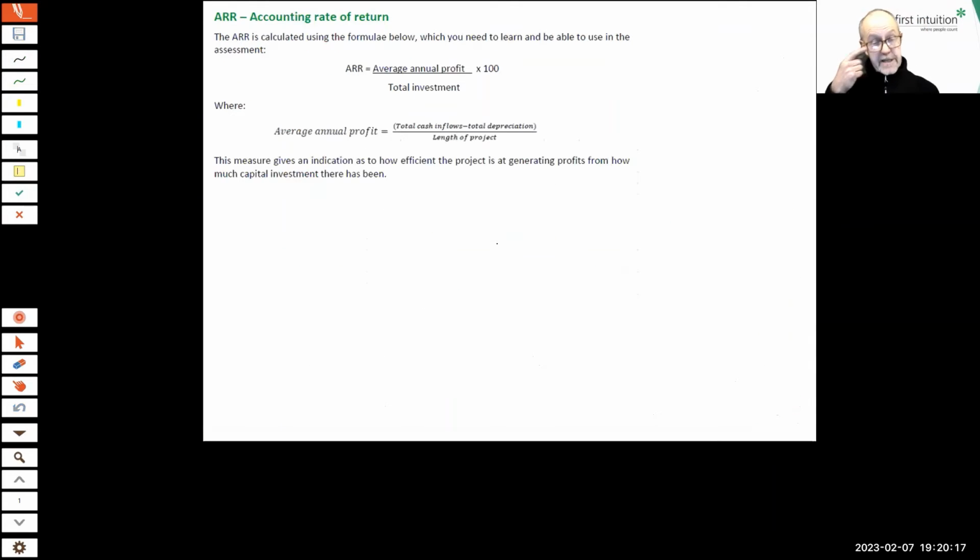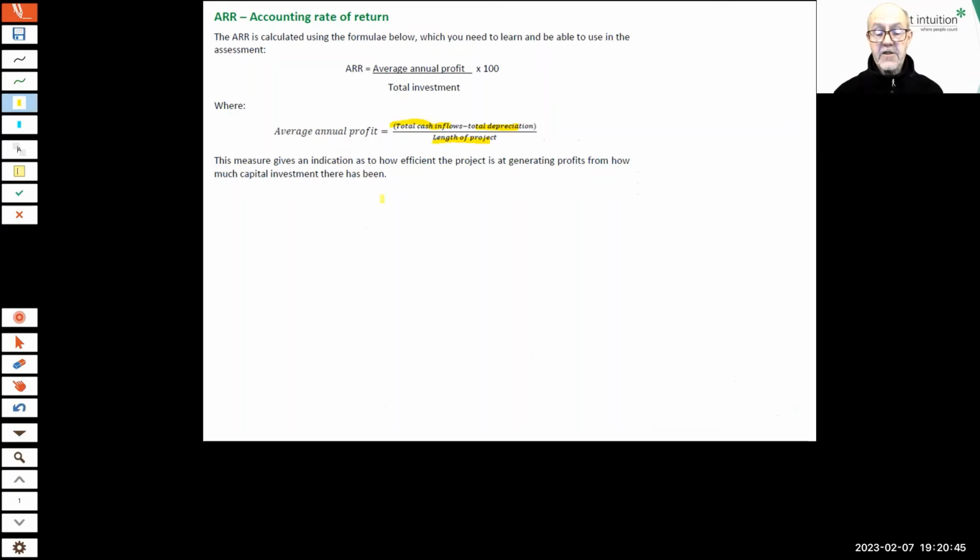Accounting rate of return is broadly similar in some respects, but now we're simply looking at our average annual profit over our total investment. So essentially our annual profit is all of our cash inflows, less depreciation, which of course isn't cash, and is the bit we easily forget, divided by length of project.